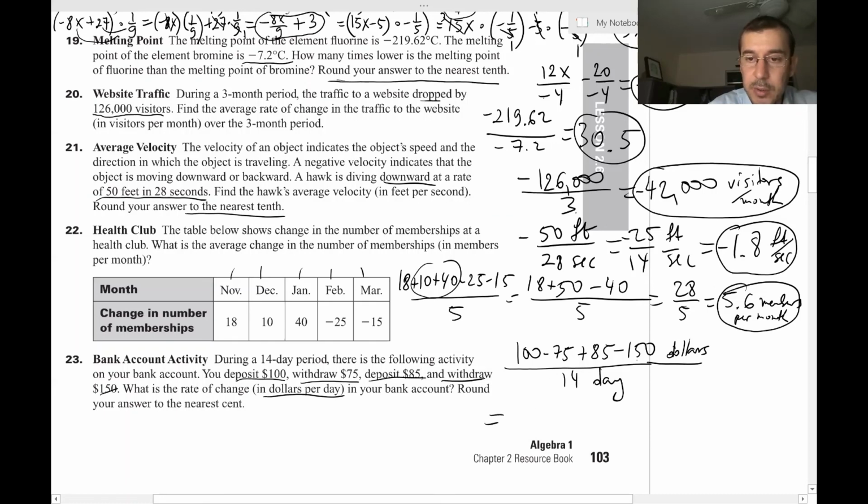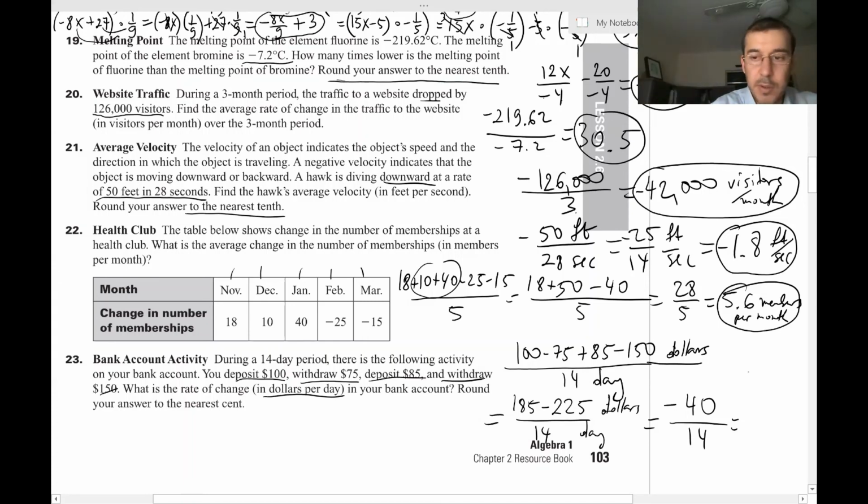So 100 and plus 85, that's 185. Minus 75 and minus 150 is minus 225 over 14. This is dollars over day. 185 minus 225 is minus 40 over 14.